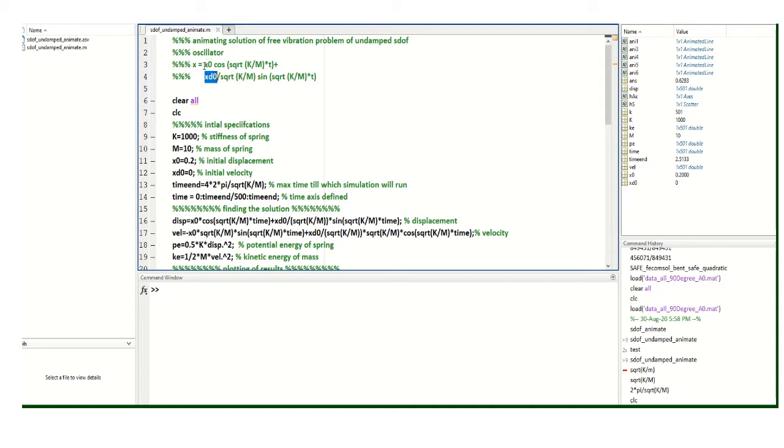So depending on the displacement and velocity at the beginning, x is going to change. Otherwise K and M are system parameters, they are not going to change. Once you pick the system, it stays as is. And t is the time variable.